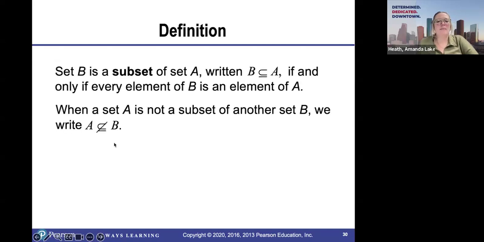All right, so the set B is a subset of the set A, and we write this with this kind of curved, elongated C with a line under it, if and only if every element of B is an element of A. When a set A is not a subset of B, we can write this with a slash through it.